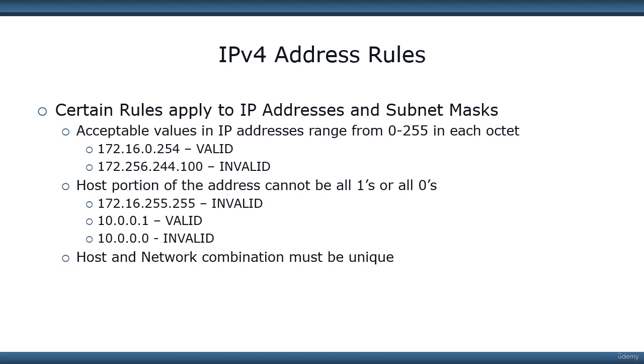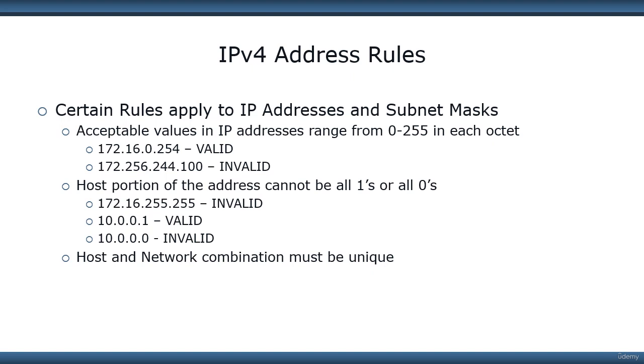The host portion of an address can't be all ones and can't be all zeros. Now this one gets a little bit tricky as you're thinking about it. You're like, what? Well, we write the network ID with all zeros in the host portion. Okay, so if my network ID is 172.16.0.0, that's how I write it. That can't also be an IP address.